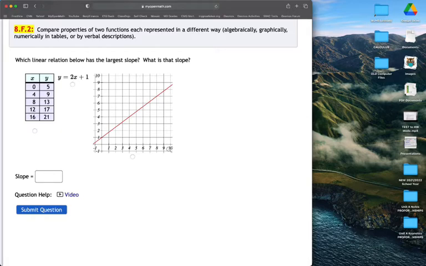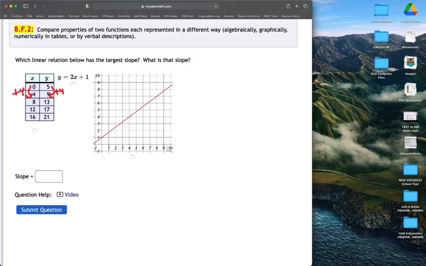Well, let's start with the table. Remember, in terms of tables, it's as simple as finding the change in y over the change in x. So we can see here that the change in y, we're adding 4 to get from 5 to 9, and then the change in x, we're adding 4 to get from 0 to 4.